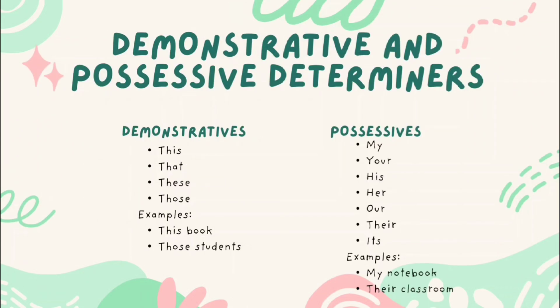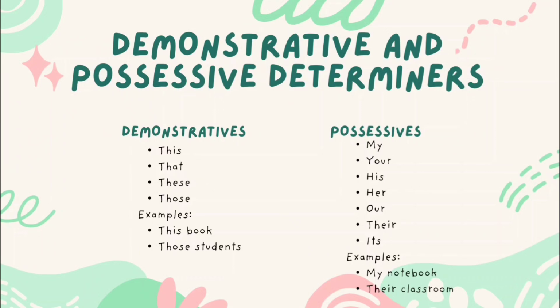Demonstrative determiners point to specific people or things. They include this, that, these, and those. This and these refer to things that are near, while that and those refer to things that are farther away. For example, this book and those students.